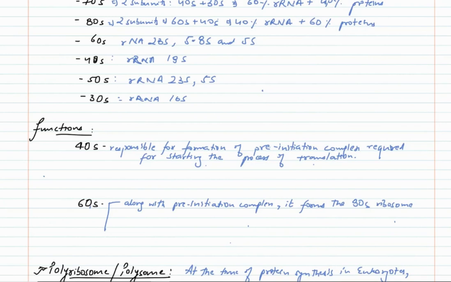It is only possible after formation of the pre-initiation complex and its joining with the 60S subunit. That is, the formation of complete 80S assembly is possible only when the pre-initiation complex binds with the 60S subunit.